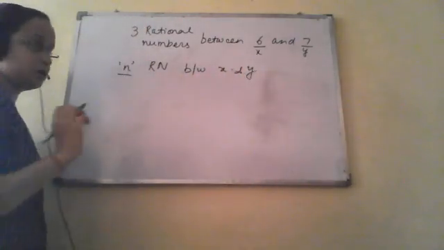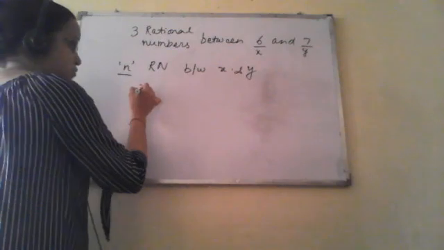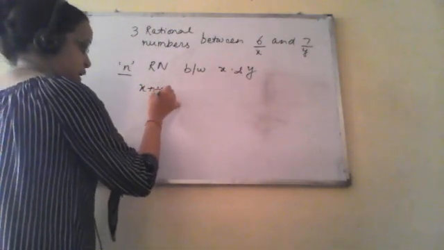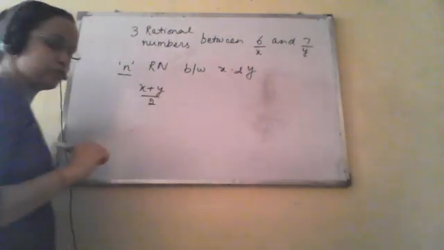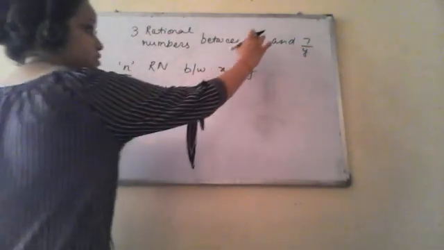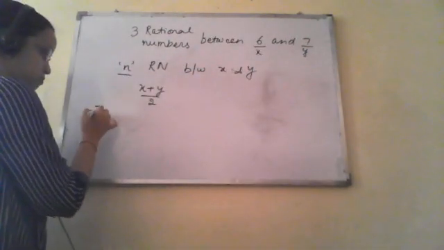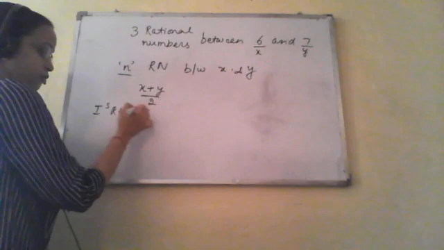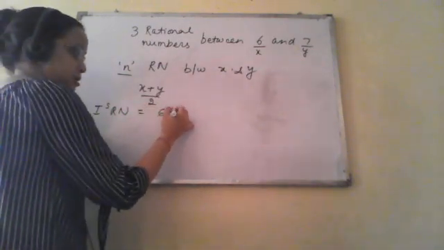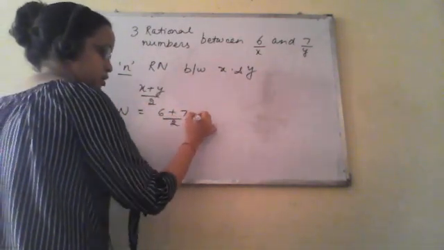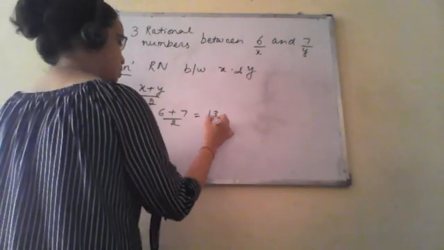So what we do is take x plus y upon 2. This will be our first rational number. Here it is 6 and 7, so the first rational number will be 6 plus 7 upon 2, which is 13 upon 2.